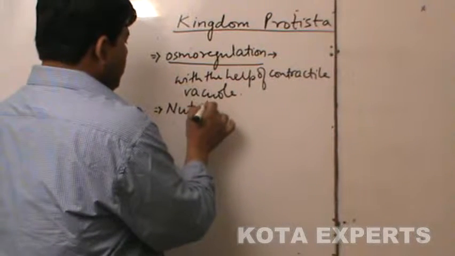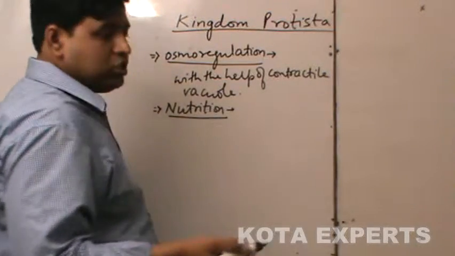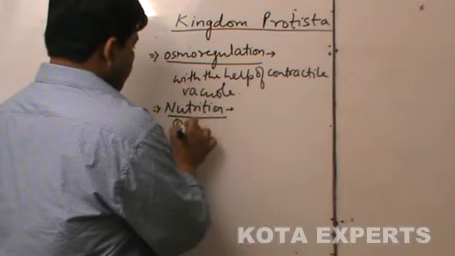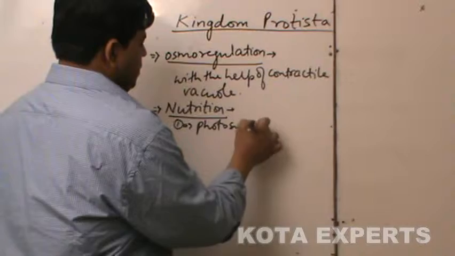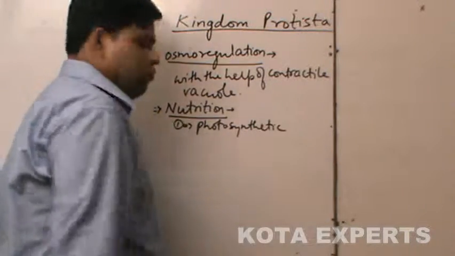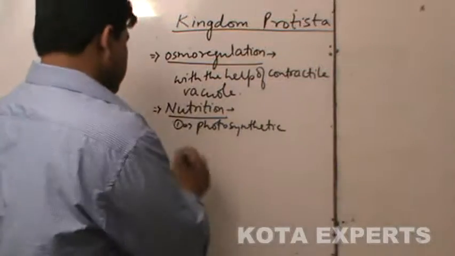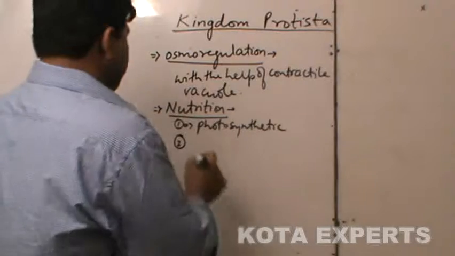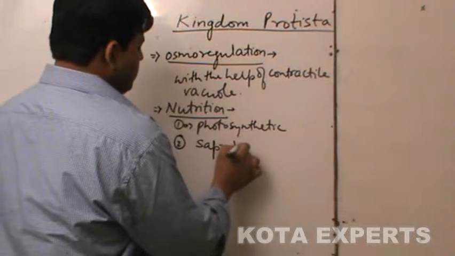Now coming to the next characteristic, that is nutrition: how they absorb or manufacture their food. So they may be photosynthetic. Photosynthetic means they perform photosynthesis with the help of light energy, or they can be saprobes.